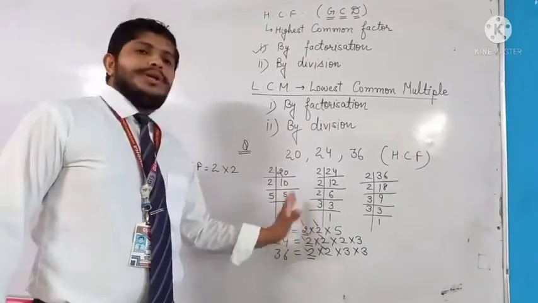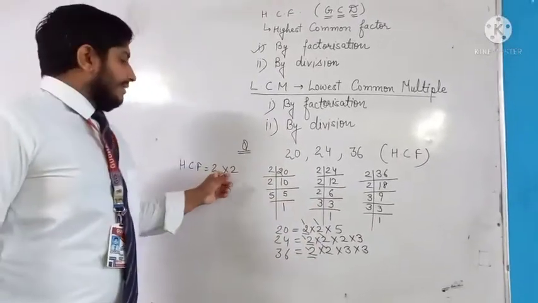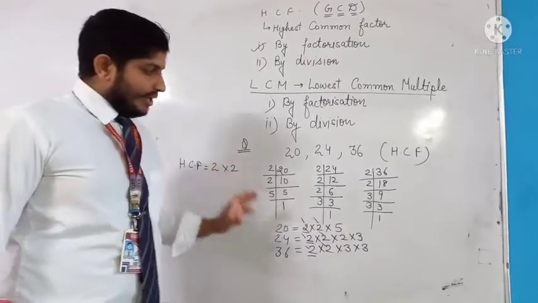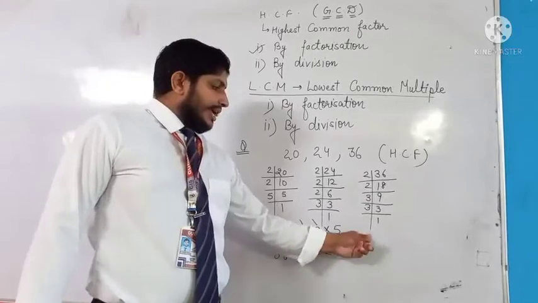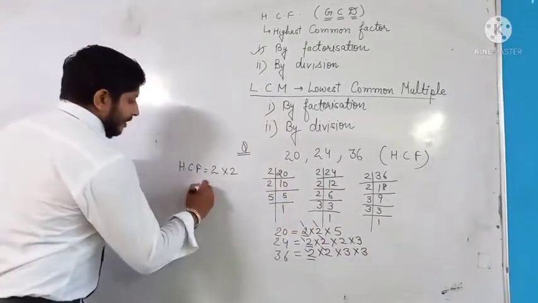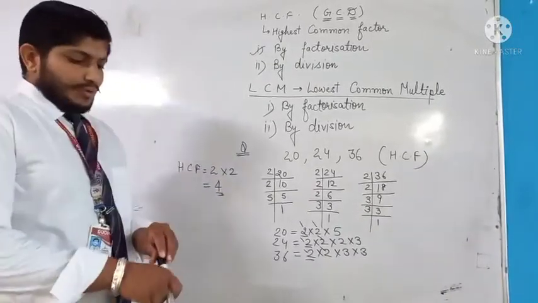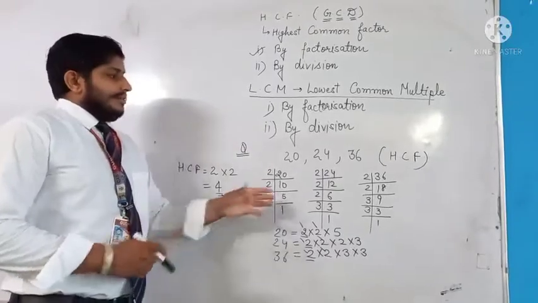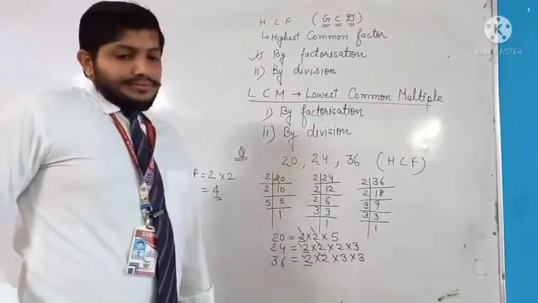If 4 terms are given, then common in all 4. That digit we write in the HCF with multiplication. Here 5 is in the remaining, it is not common, here 3 but it is not in the first, so we do not take it. So what is your HCF? 2 into 2, that is 4. I hope you understand this factorization method to find the HCF well.